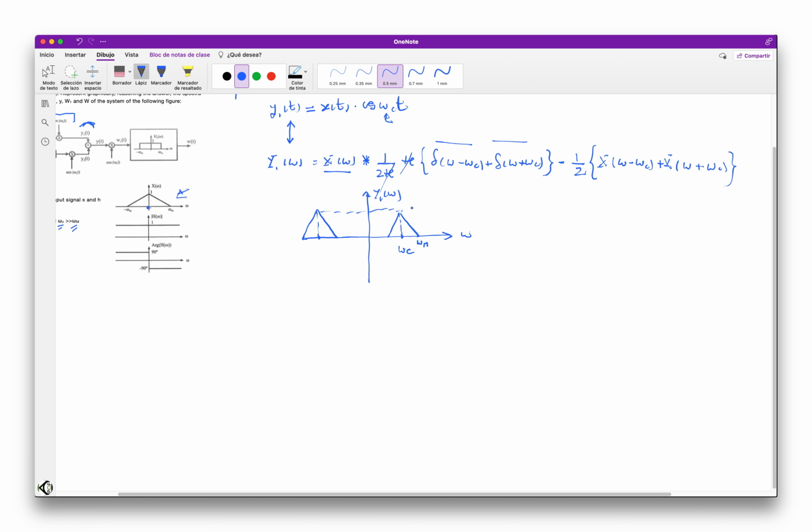Of course, there is another effect, which is that it divides the original amplitude by 1. And obviously these frequencies are omega m plus omega c, and this will be minus omega c plus omega m, and this one will be omega c minus omega m, and this, minus omega c minus omega m, this point over here.